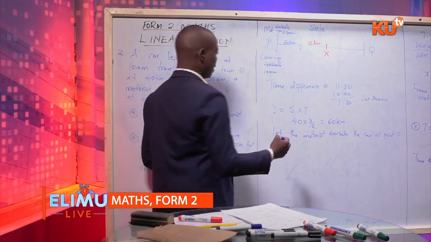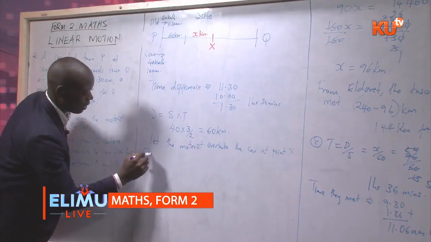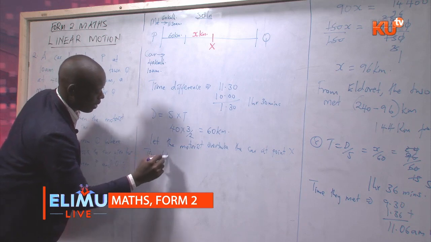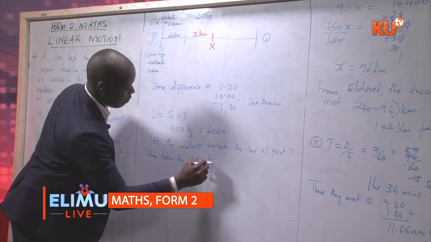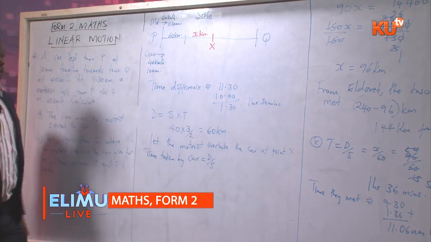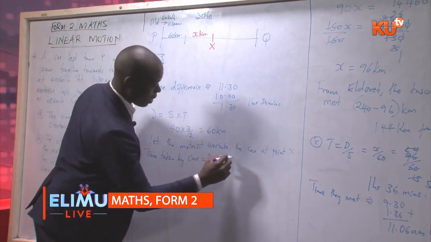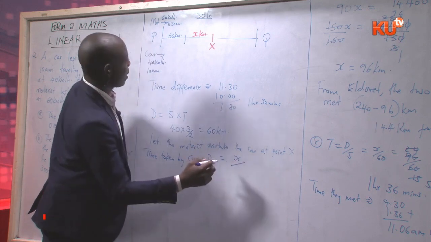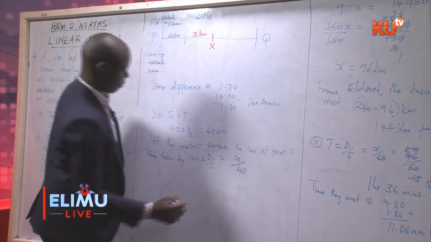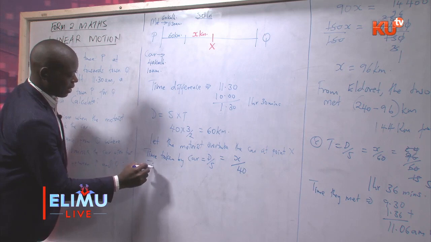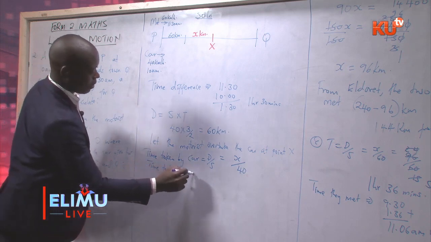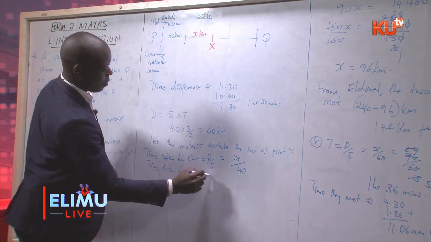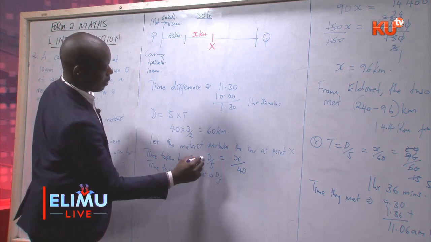So we'll say the time taken by the car is distance over speed. The distance will be X, and the speed for the car is 40. Time taken by the motorist, again, distance over speed.